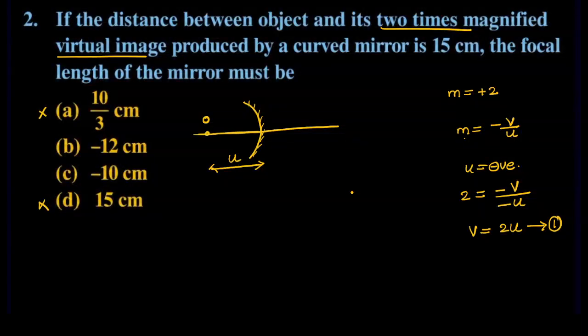Now they given the distance between the object and the image. That is u plus v, which is equal to 15.